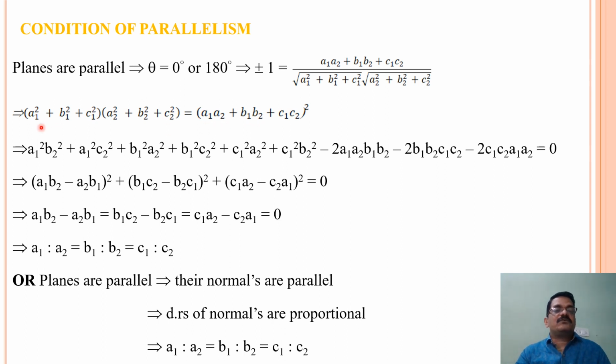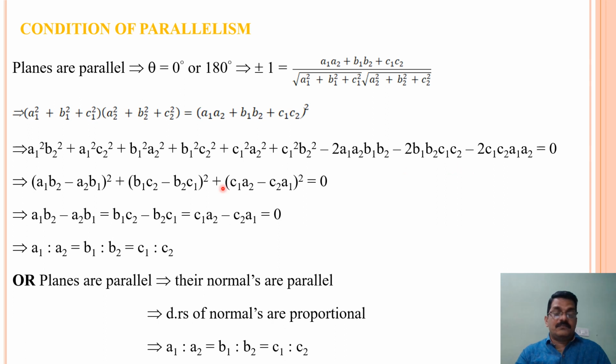so the a1 square a2 square on both sides cancel, b1 square b2 square on both sides cancel, c1 square c2 square on both sides cancel. Remaining 2 a1 a2 b1 b2 plus 2 b1 b2 c1 c2 plus 2 c1 c2 a1 a2.